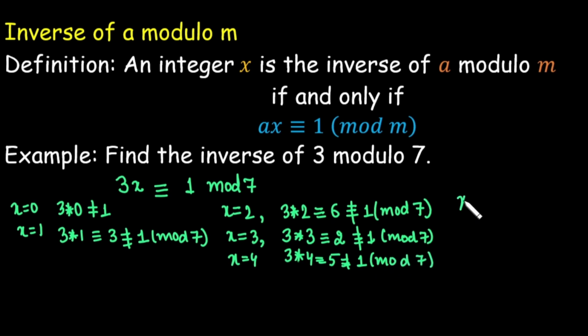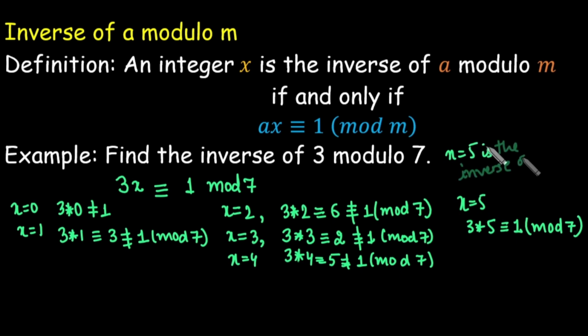Now if x is equal to 5, 3 into 5 is 15, and when divided by 7 the remainder is 1, and that is what we need. It means x equal to 5 is the inverse of 3 mod 7.